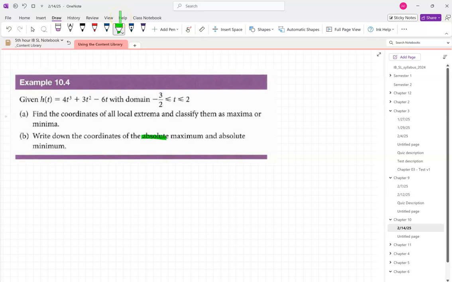So to be able to do the absolute part, it has to be on a closed interval. So if that was negative 3 over 2 less than x less than 2, you could not do this problem. Okay, just letting you know.